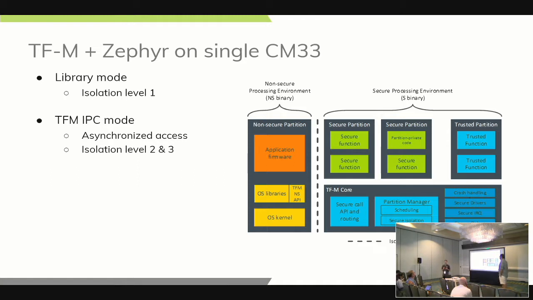No matter how many services are added in TF-M, they can all share the same suite of APIs for the NS side. The TF-M IPC mode supports asynchronous access to different services. This is more stable, more elegant, and also an extensible mechanism for multiple core.